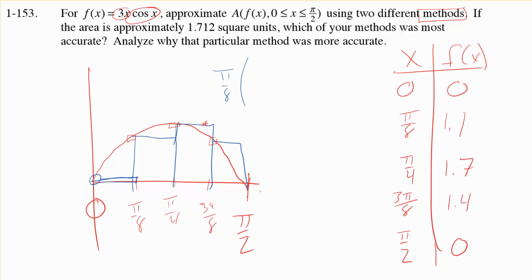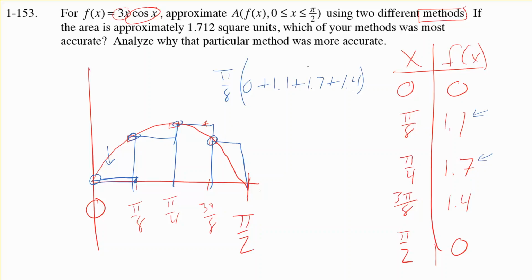So it's pi over 8 times a height of 0 for this guy right here. Pi over 8 times a height of, now I've got to go on my table, 1.1, 1.7, and then 1.4.